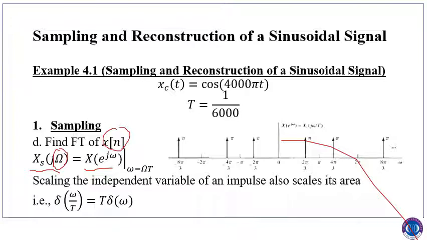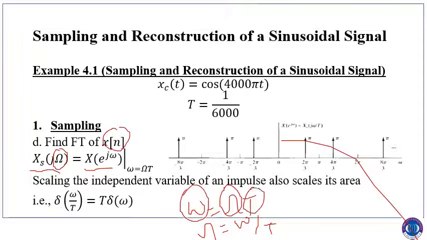Small omega is equal to capital omega times T, or capital omega is equal to ω/T. So there is just a time scaling. The relationship between the discrete angular frequency, small omega, and the continuous angular frequency is just this scaling.